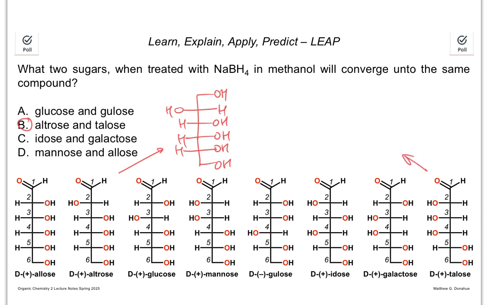So that's the alcohol you get from altrose. And then that's the alcohol you get from talose.